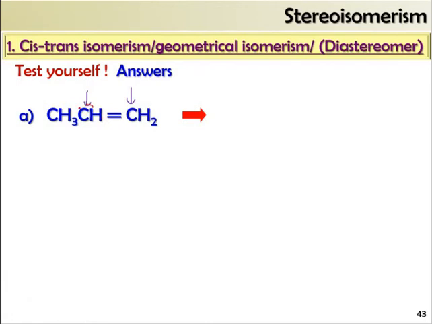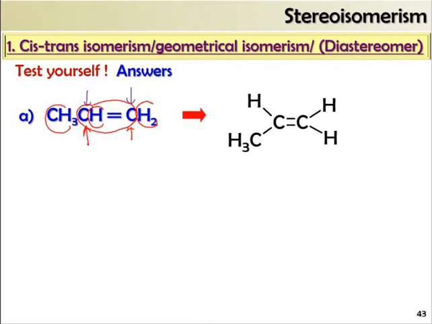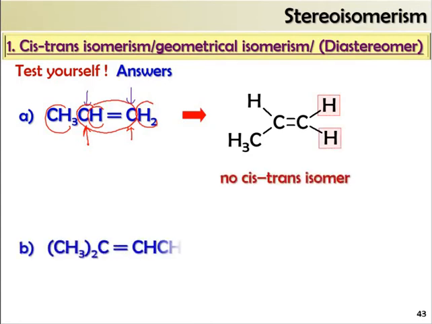Alright, so this is the restricted rotation of the carbon-carbon double bond. So each carbon must have two different atoms or group of atoms. Here we have H and CH3, and then this carbon ada both hydrogen. So tak boleh ada cis-trans lah. Okay, no cis-trans isomer.